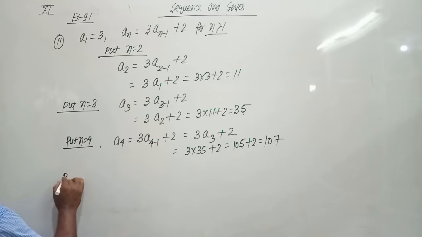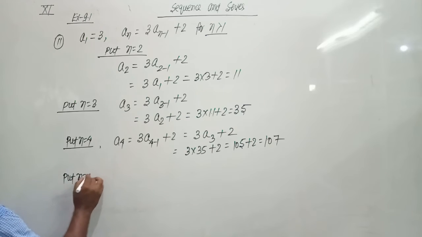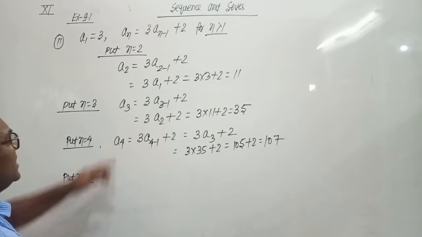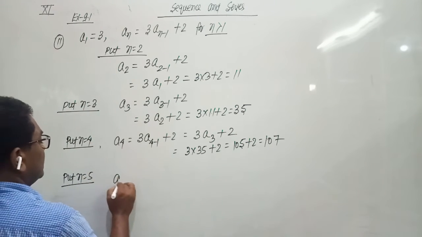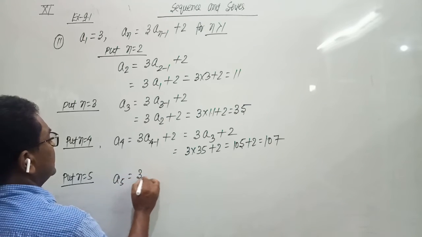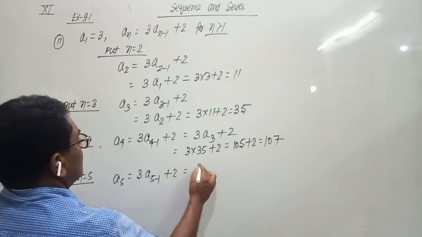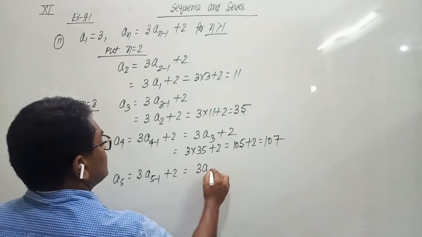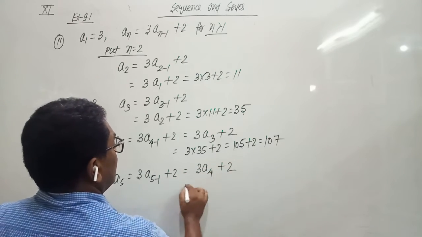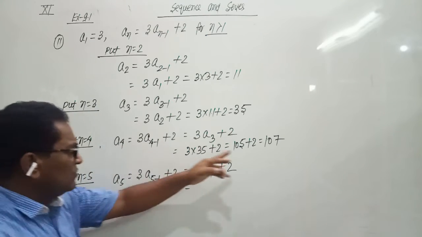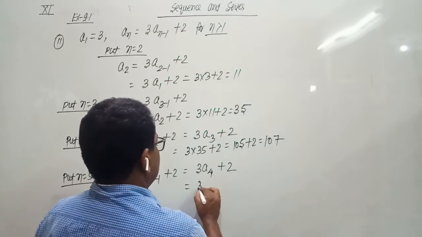Now put n equals to 5. So A5 equals to 3 into A of 5 minus 1 plus 2. And the value of A4 we have calculated, 107.